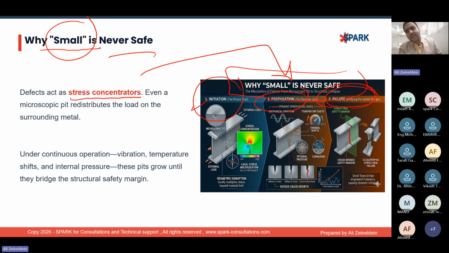We can also see this in this photo: the initiation of these defects, then propagation, and then after that we reach the accident. So from this slide we can say that small defects can't be considered safe, and they should be monitored and the necessary action taken to avoid reaching the failure phase.